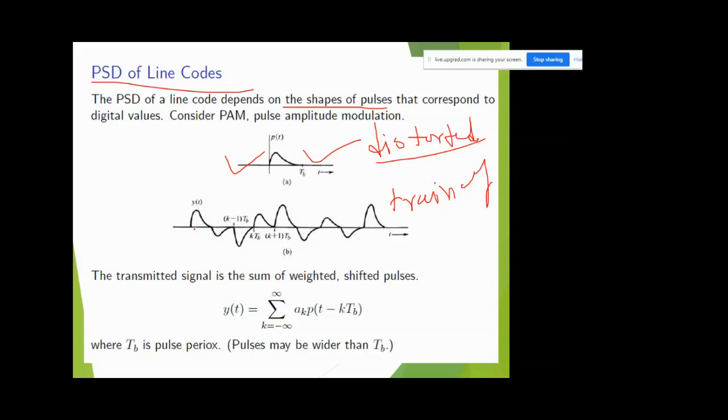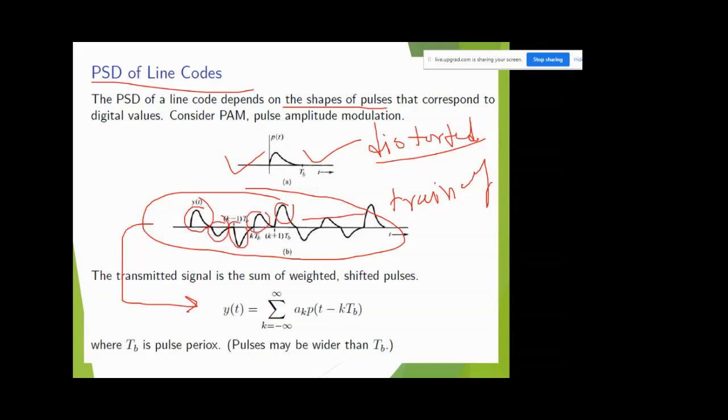If you write the mathematical equation for this particular signal, it is nothing but y of t is equal to the summation of this pulse, this pulse, this pulse, up to whatever the signal is there. So k is equal to minus infinity to infinity, and these are the parameters that we have to consider, meaning the overall time duration.